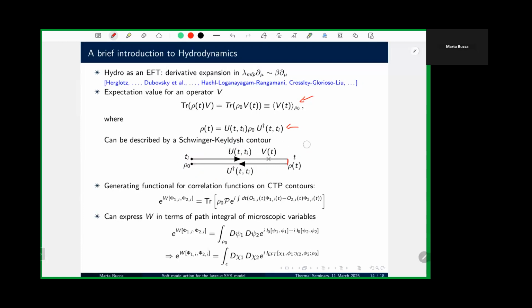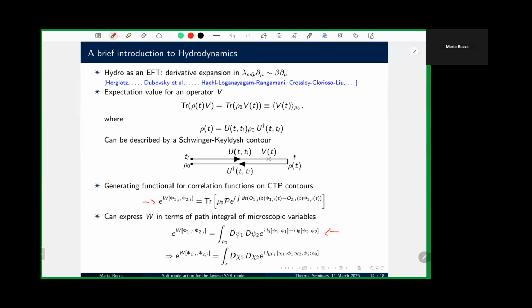So the kind of Schwinger-Keldysh contours that you're considering are called the closed time path contours. And in particular, you can write down the generating functional for correlation functions on these kind of CTP contours. And they're going to be looking like this, this W that we have here. And you can then think of writing W in terms of a path integral of microscopic variables, psi1 and psi2.